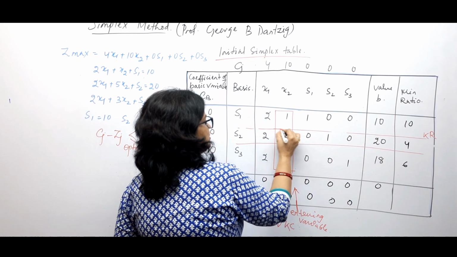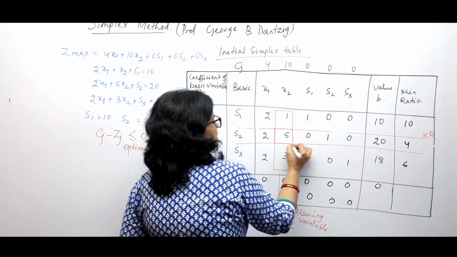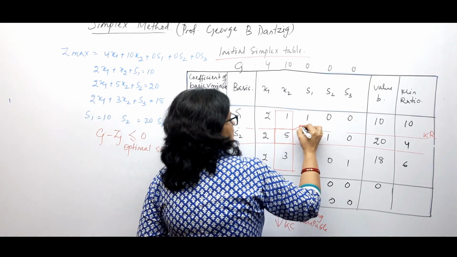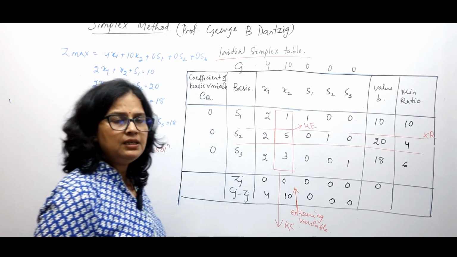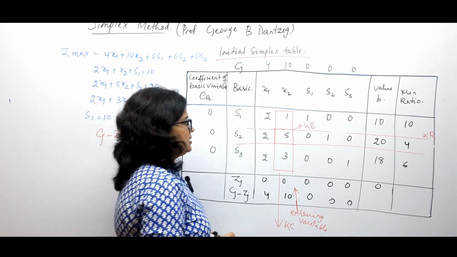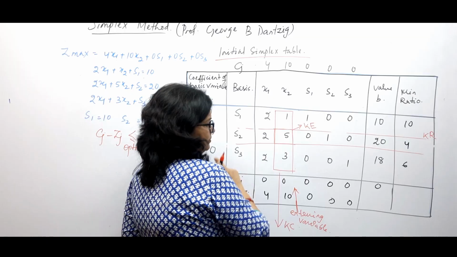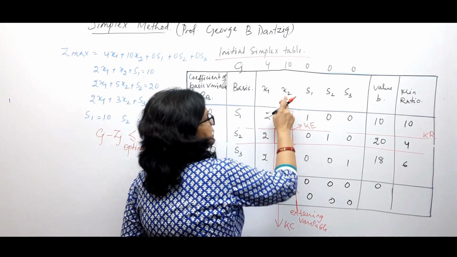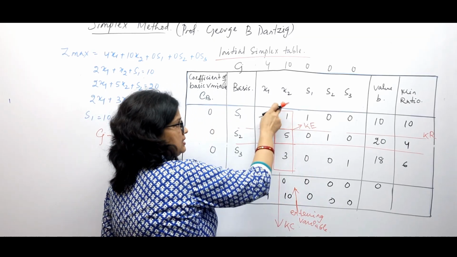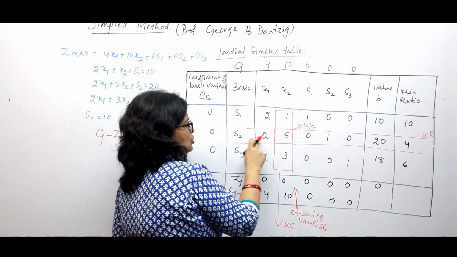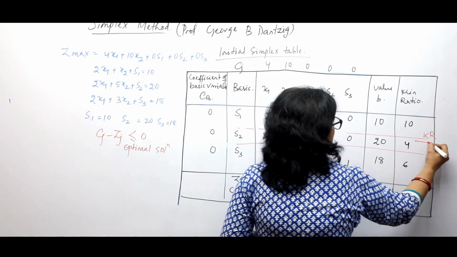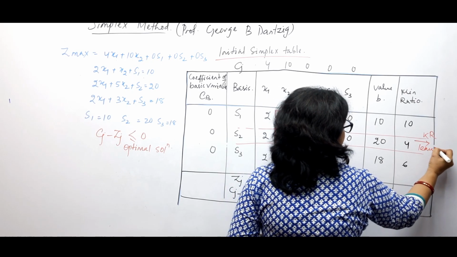The intersection of the key column and key row is called the key element. Now our entering variable is x2, because it has the most positive number, and the leaving variable is s2.